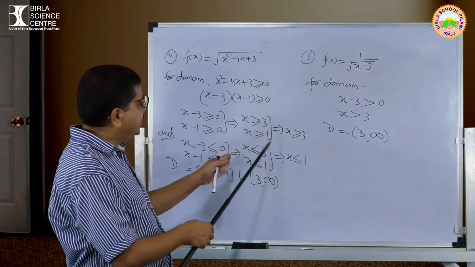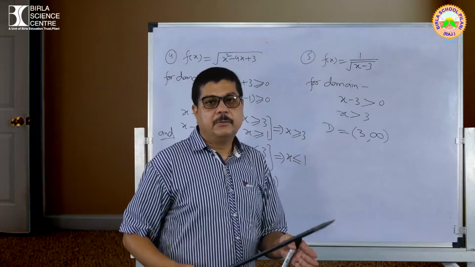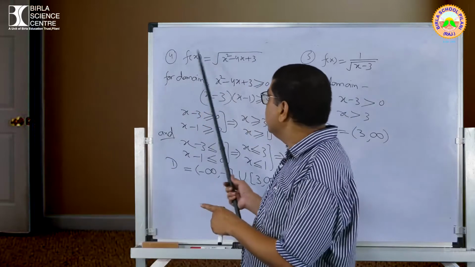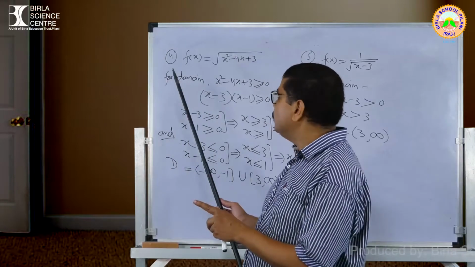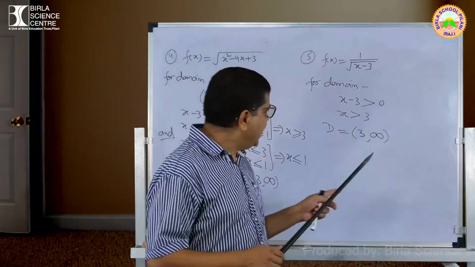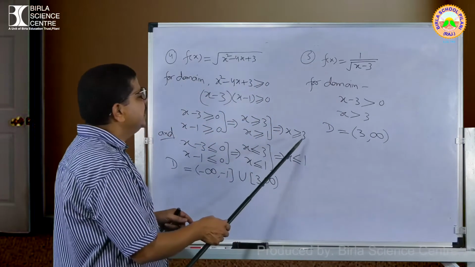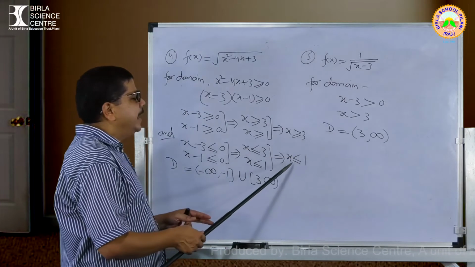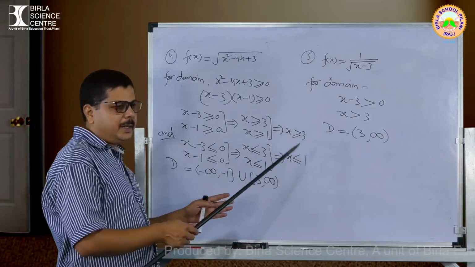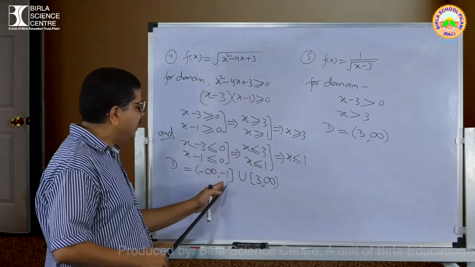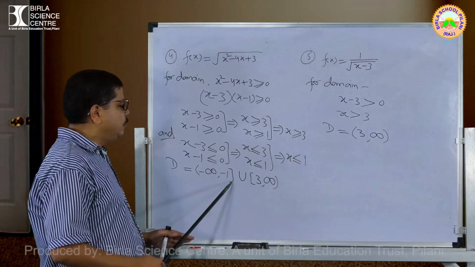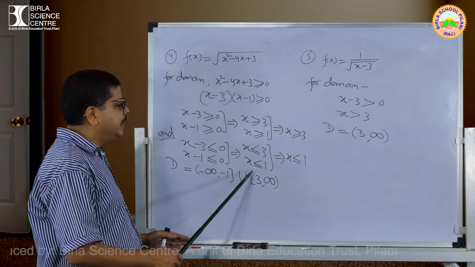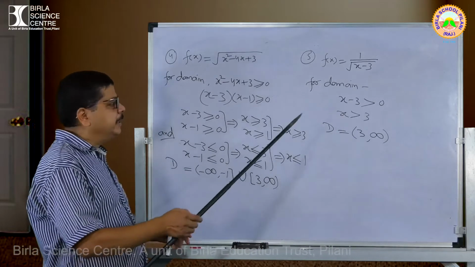So we find that the values of x for which this quadratic expression inside the square root sign is well defined are 3 to infinity and minus infinity to 1. Both 3 and 1 are closed. So domain becomes minus infinity to 1 union 3 to infinity.